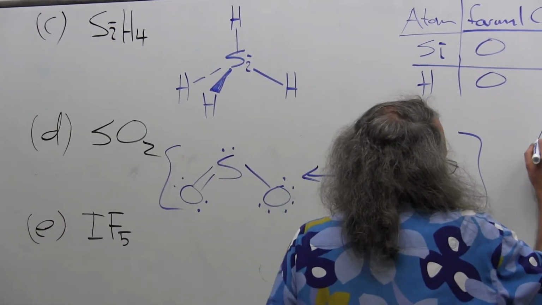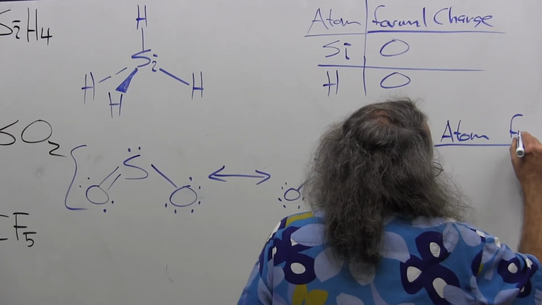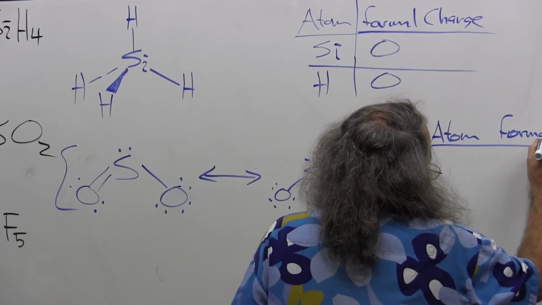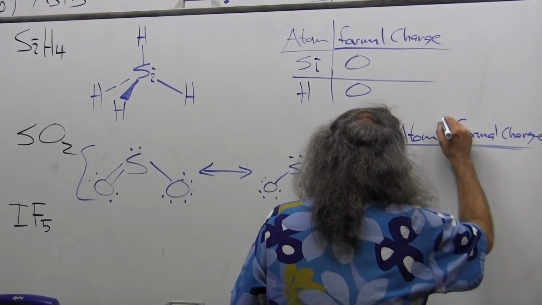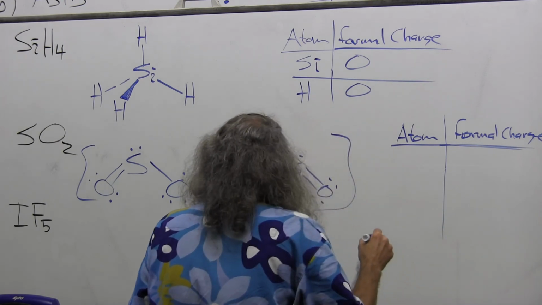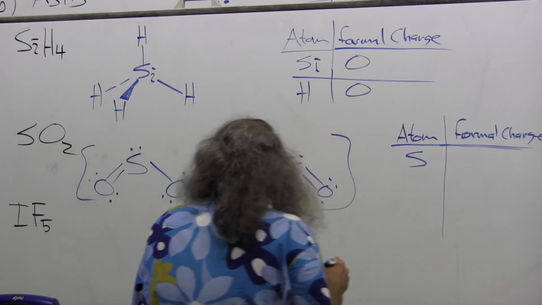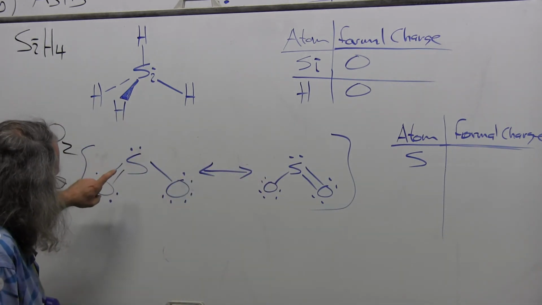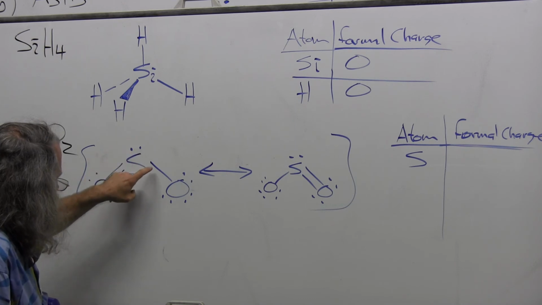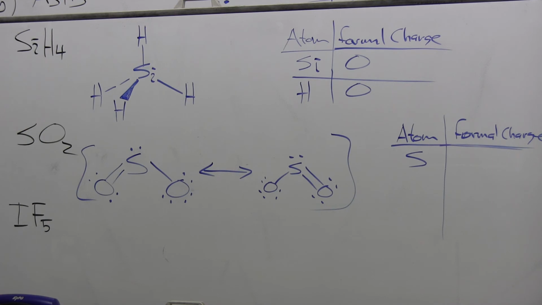So I got the atom, formal charge, and I have to have an unambiguous, so I'll start with the sulfur, which is the same in both cases. And the sulfur is going to be, I have 1, 2, 3, 4, 5 electrons associated with the sulfur.